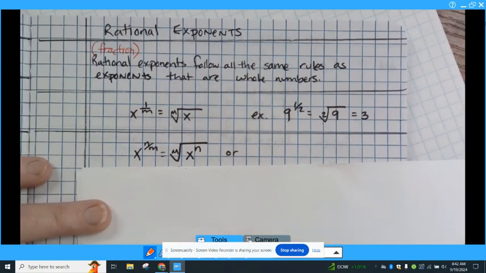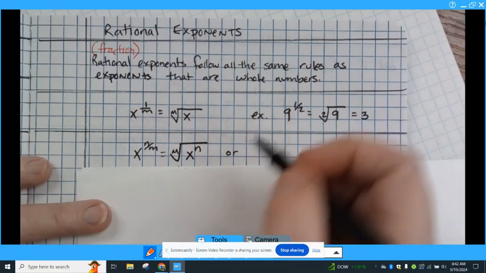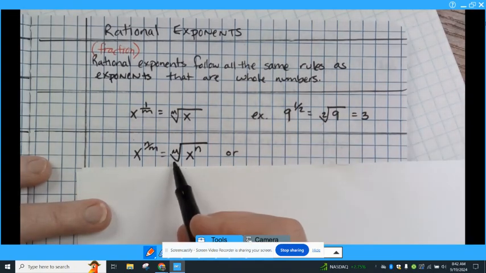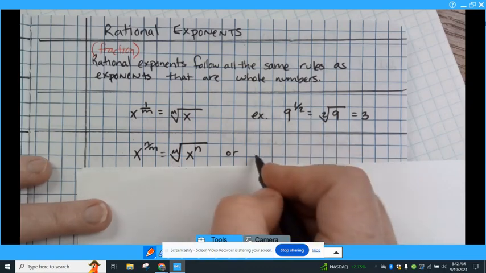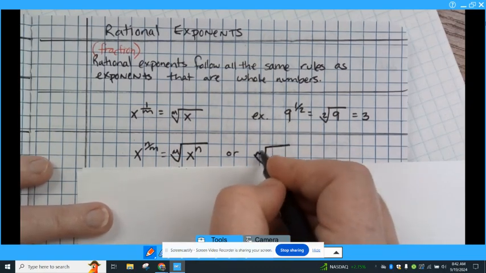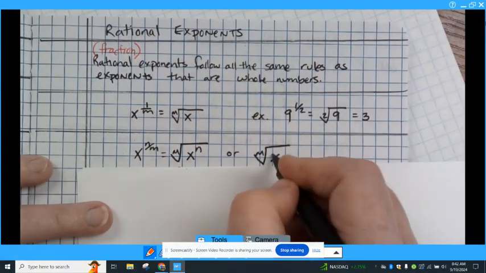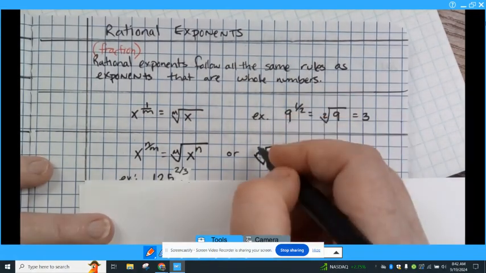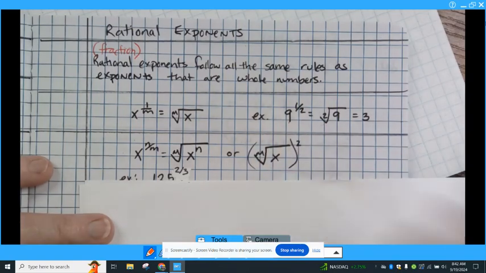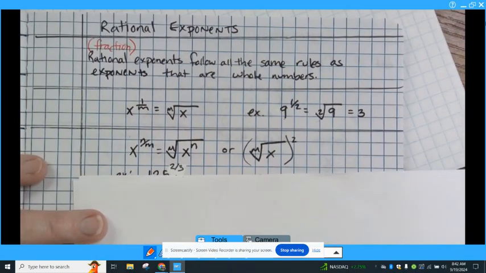There's another way to write it, and it depends on the math you're being asked. You could have the mth root of x, still the denominator as your root, but then pull the exponent out and make it squared on the outside. Sometimes the math is easier one way than the other.